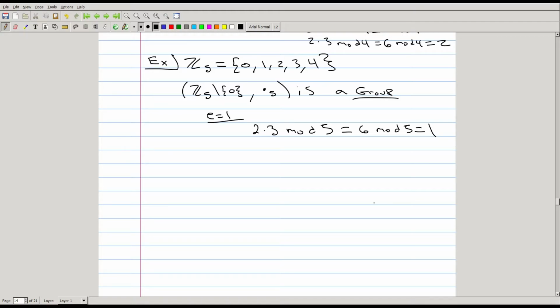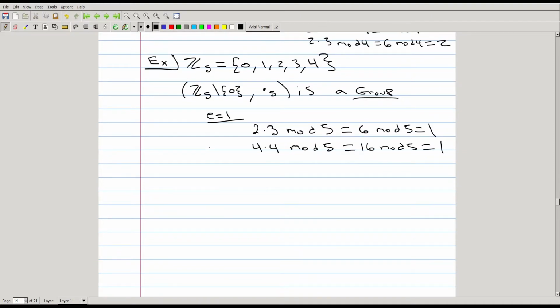So 3 is the inverse of 2, and 2 is the inverse of 3. And 4 times 4 mod 5 is equal to 16 mod 5, which is also equal to 1. So the inverse of 4 in this set is just 4 itself.